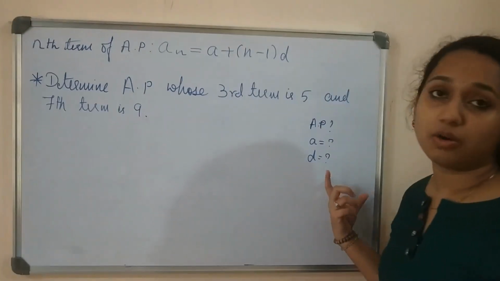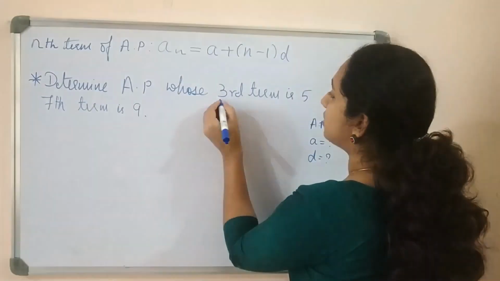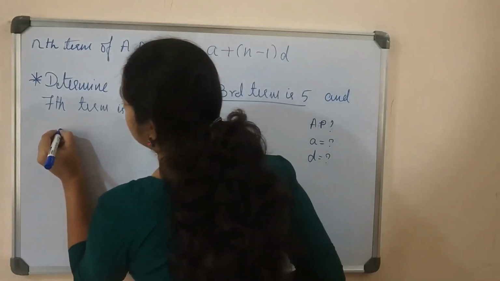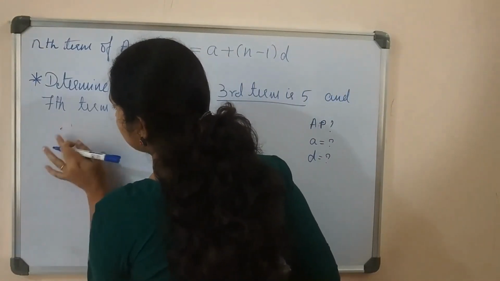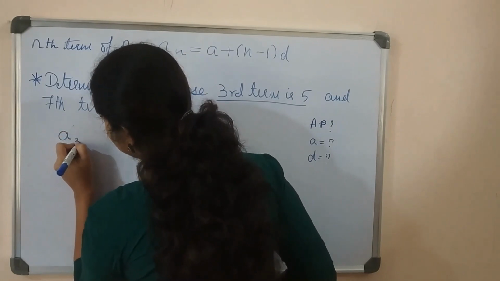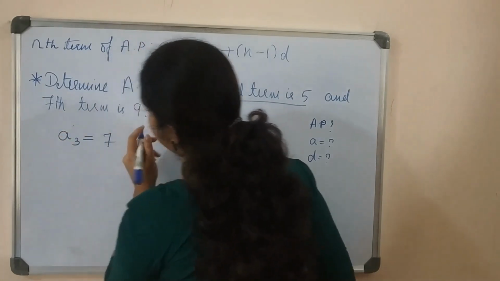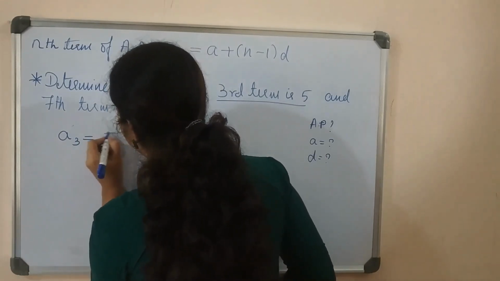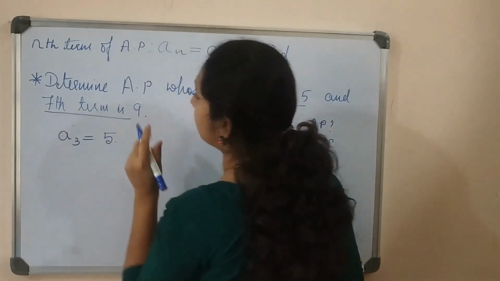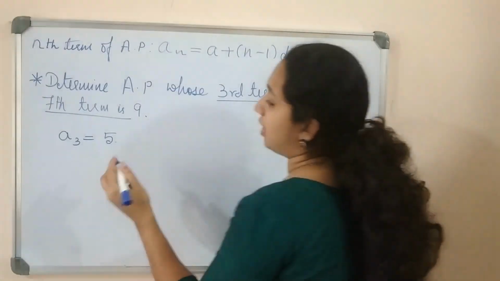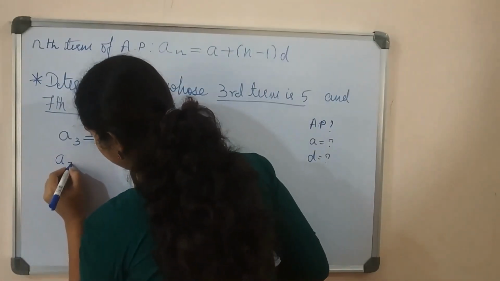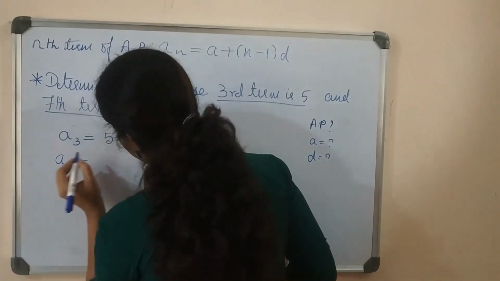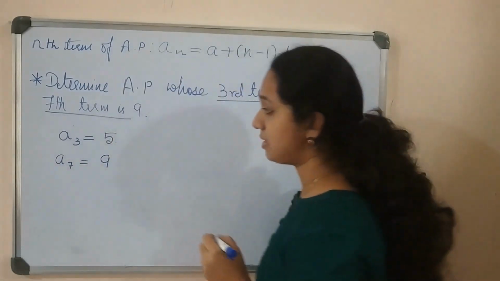Now let's see how to find A and D. The first data we have is the third term, A3, which is 5. The second data is the seventh term, A7, and I have the value as 9.